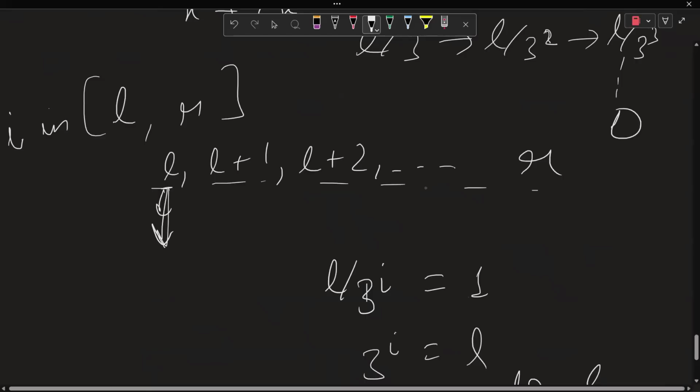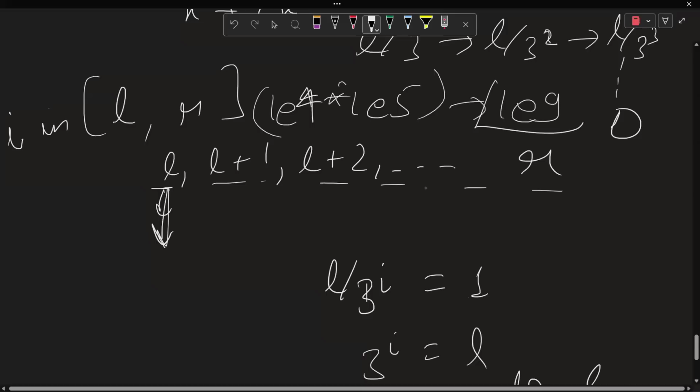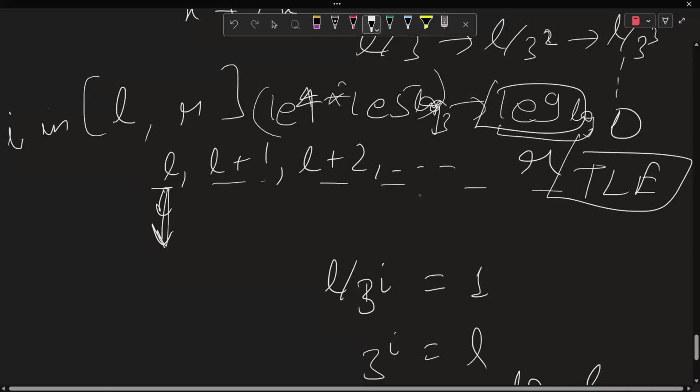But if you are doing this for all i from L to R for this full range, this range can be up to 1E5, and you have T test cases which are 1E4. So for every test case, this would go to 1E9 multiplied by some log factor also. Okay, so this would give you a TLE. I think many people had done this brute force and were getting TLE.